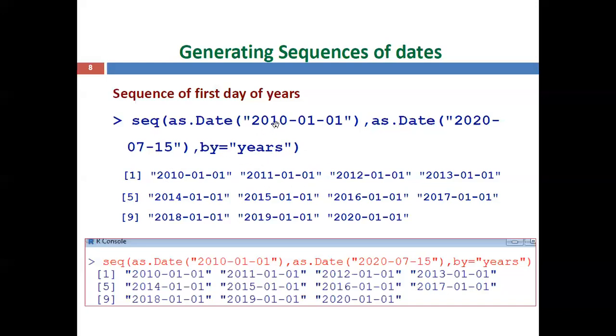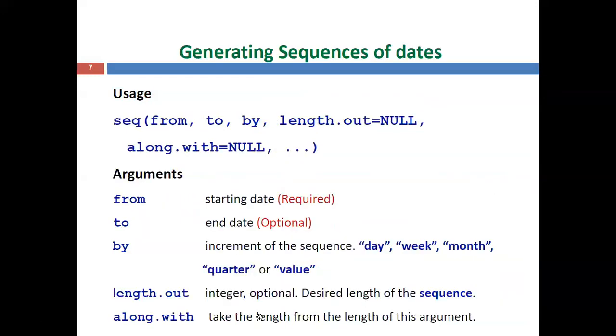Like that, what is the end date? It displays till the end date, 2020. That means it won't display the end date exactly. In the end date year, the starting date will be displayed. So 2020 7th month 15th, that is today's date, 15th July 2020. So in 2020, what is the starting day? It is January 1st 2020, and this date is displayed. So this is the output we obtained.